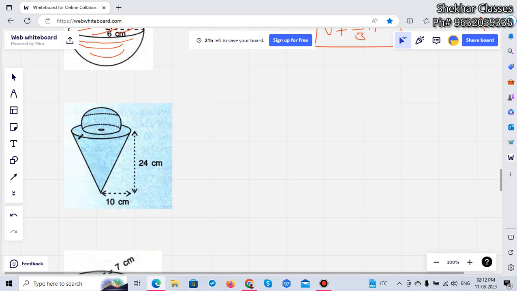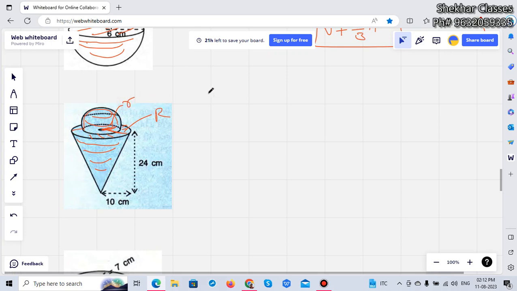You should imagine the curved surface area of the cone, then the area of this ring, and then the curved surface area of this smaller hemisphere. You have to find those separately. First, you need to know the radius of the smaller one and the radius of the bigger one. The bigger one has radius capital R, the smaller one has radius small r.